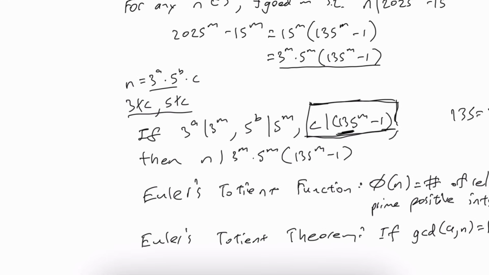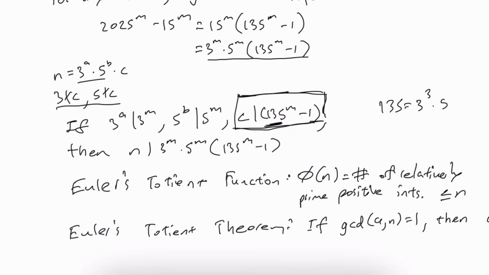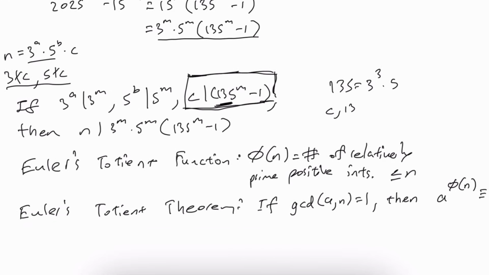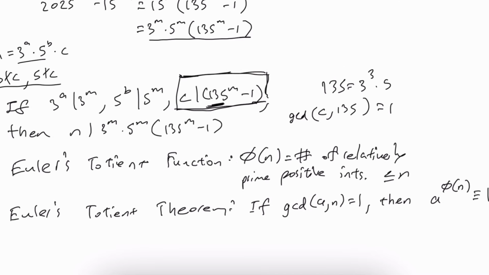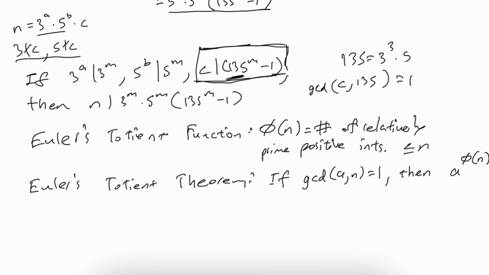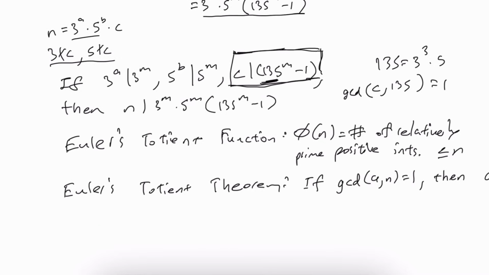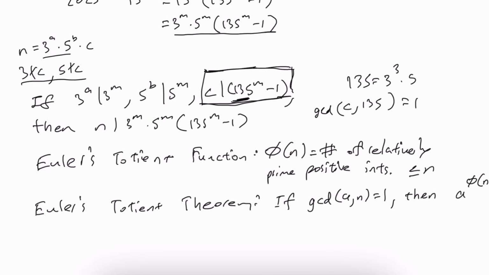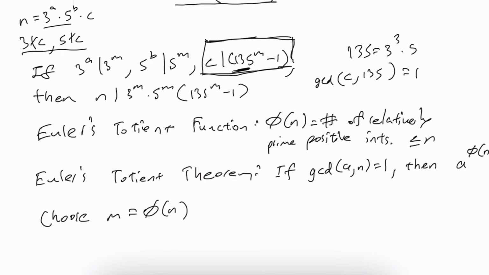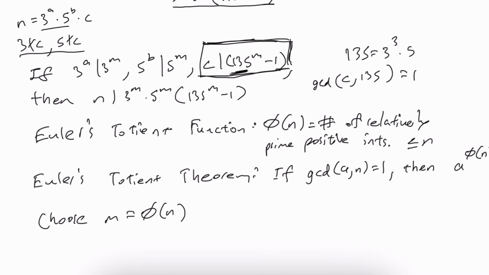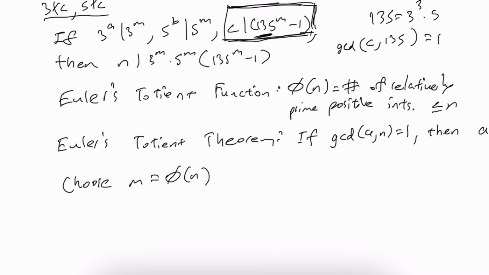Because we enforced that 3 and 5 don't divide c, we have that c and 135 are relatively prime. So the idea is we can actually make m equal to phi of n. We can choose m to be phi of n to try to make this case work, right?